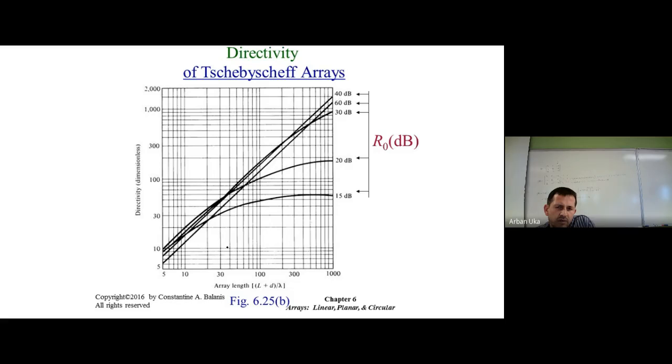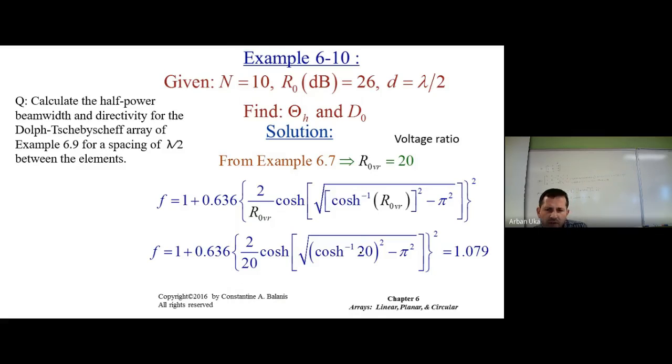Now here we have the graph which we should be able to read the possible directivities for Chebyshev arrays as a function of array length. Here we have another example. The question is, calculate the half power beam width and directivity for the Dolph Chebyshev array for a spacing of λ/2.